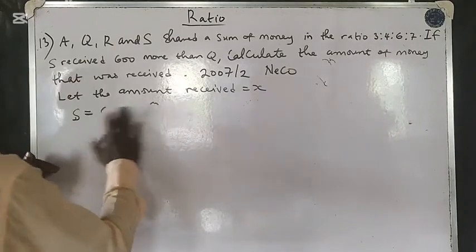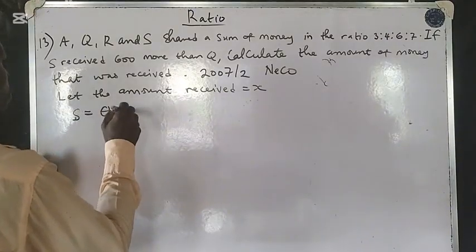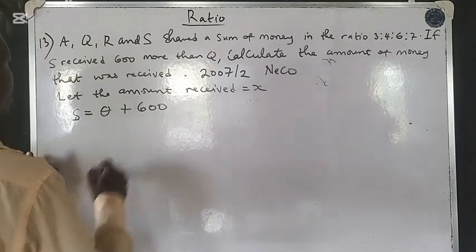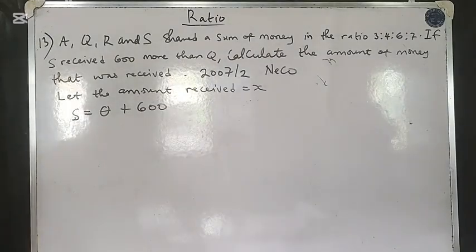Let's write it that way, because S receives 600 more than Q. So S equals Q plus 600.